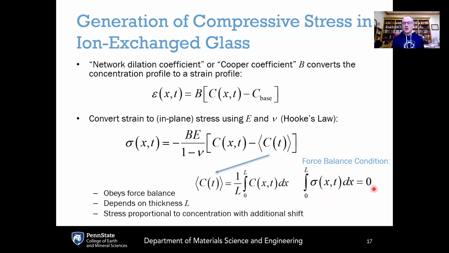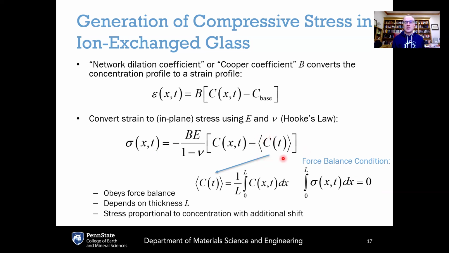Or in other words, all the compressive stresses that we develop at the surfaces of the glass must be balanced by an equivalent amount of integrated tensile stresses in the interior of the glass. You can't just have compressive stresses at the surface without an equivalent balancing amount of tensile stress in the interior.